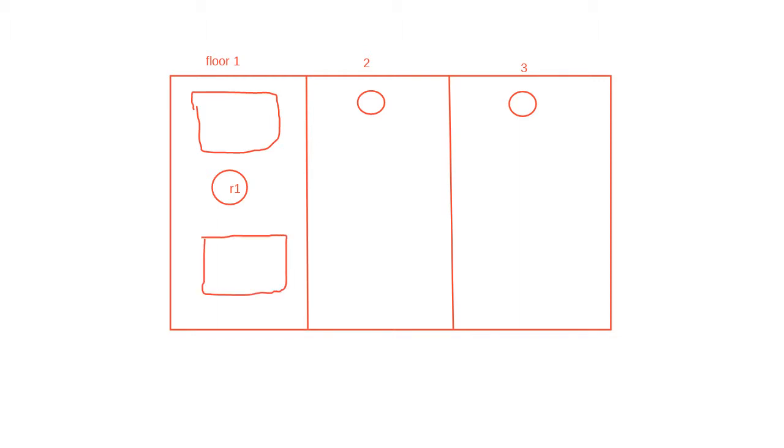There may be further access points installed in these rooms. So both the access points may be serviced by this single R1 itself. So even if you move from this room to this room, still you will be serviced by this router R1.